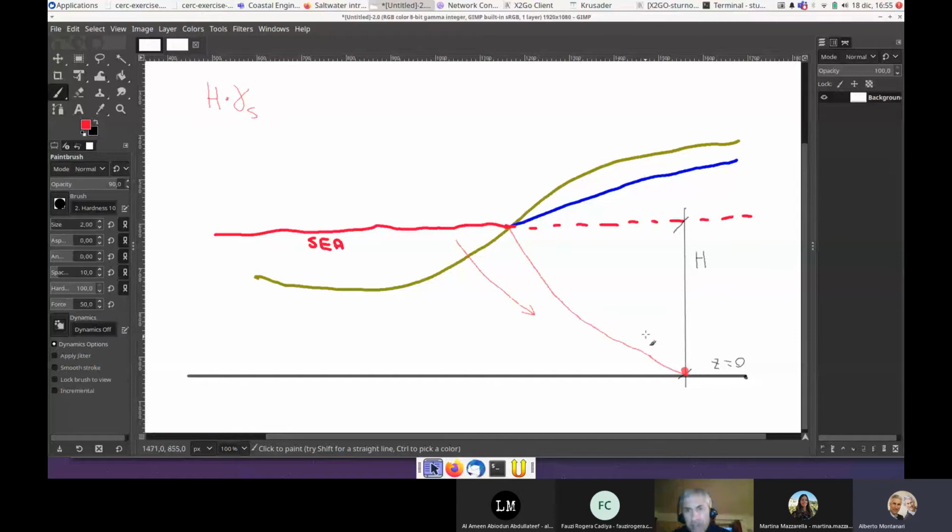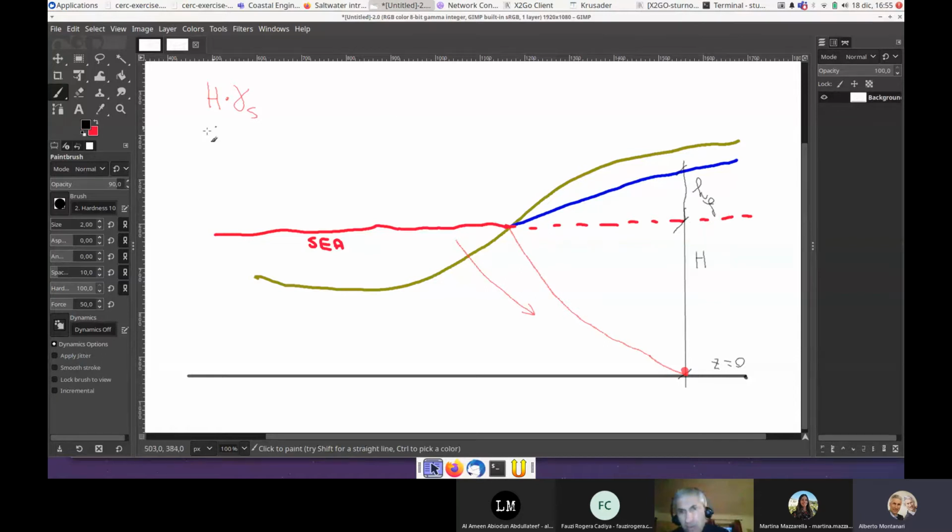Now, what is the pressure of the column of fresh water? First, let me indicate with lowercase hf the height of fresh water with respect to the sea level.